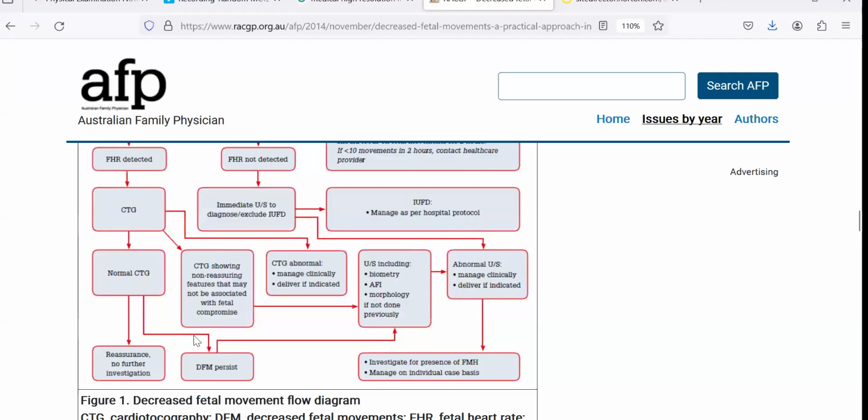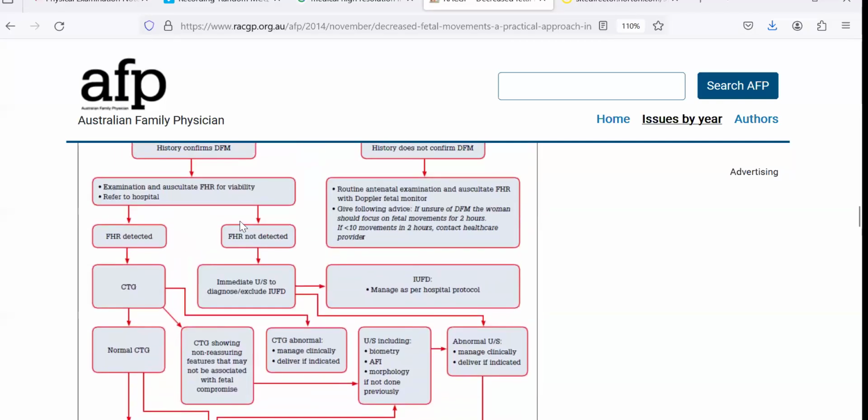Even with a normal CTG, if the patient still feels that there is reduced fetal movement, in that case you do an obstetric ultrasound. If the CTG is not normal, either non-assuring or abnormal, again you will need to go for ultrasound.